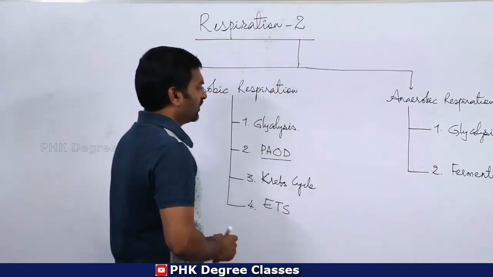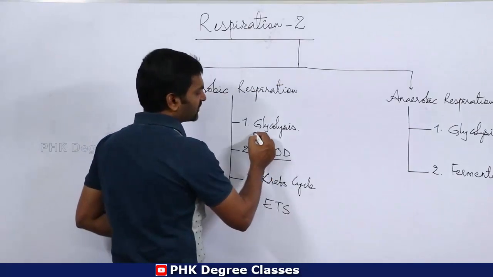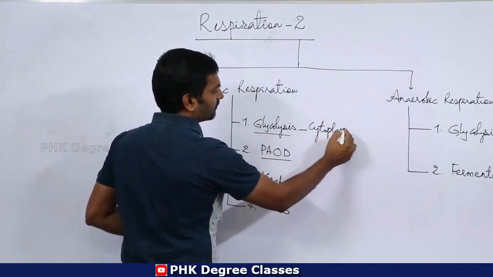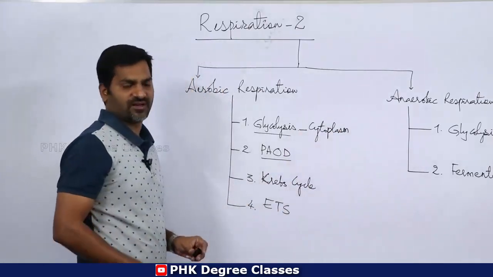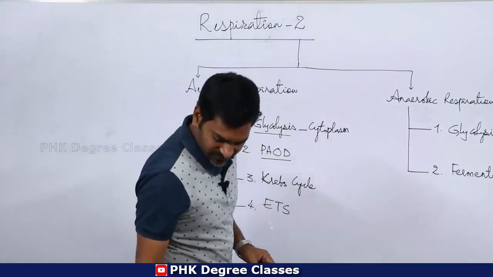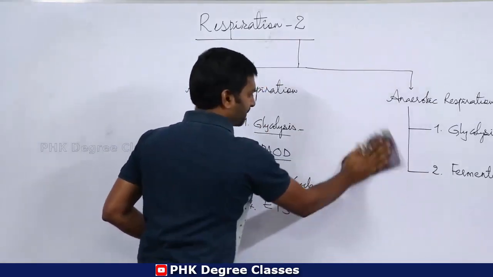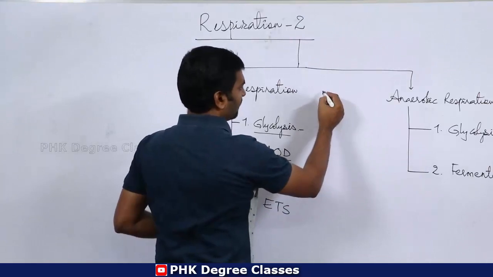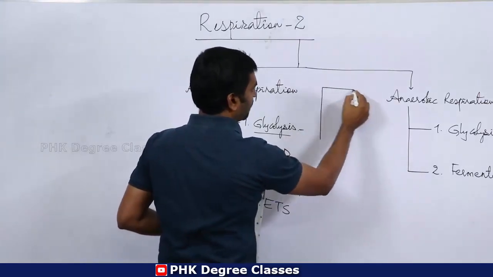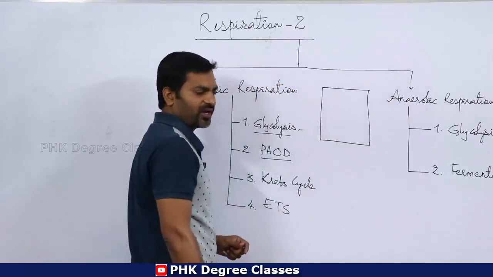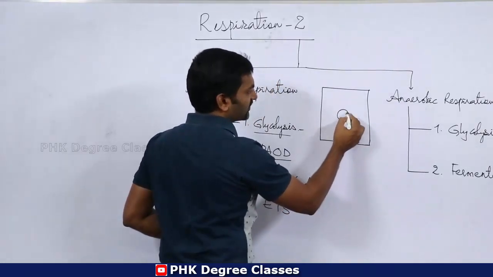Now, glycolysis takes place in the cytoplasm of the cell. For example, just see how the cell looks. Imagine this is a cell, and this is the nucleus of the cell.